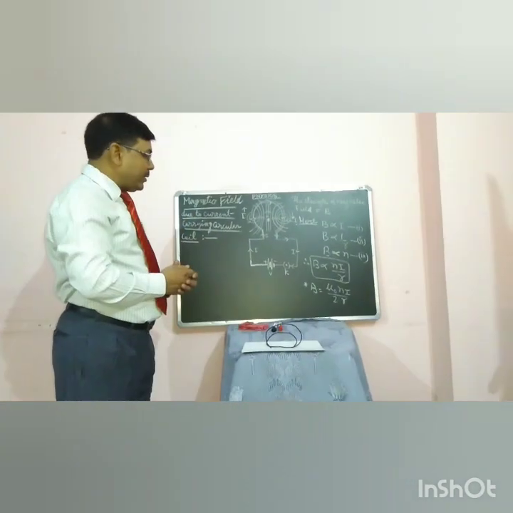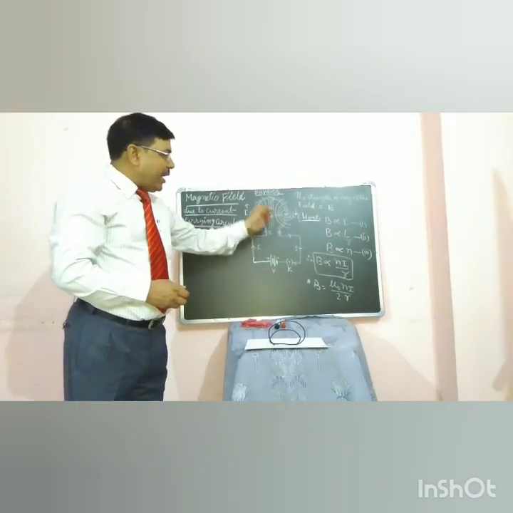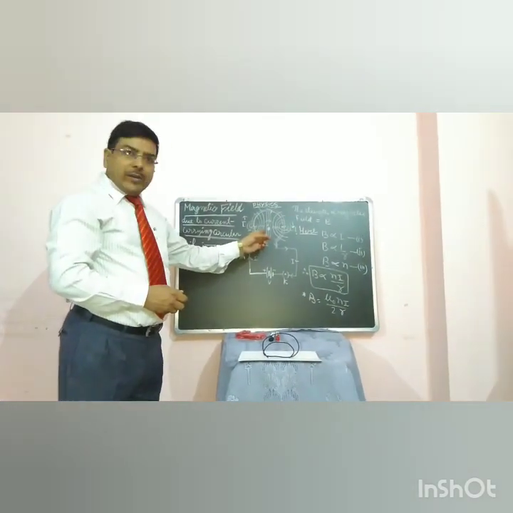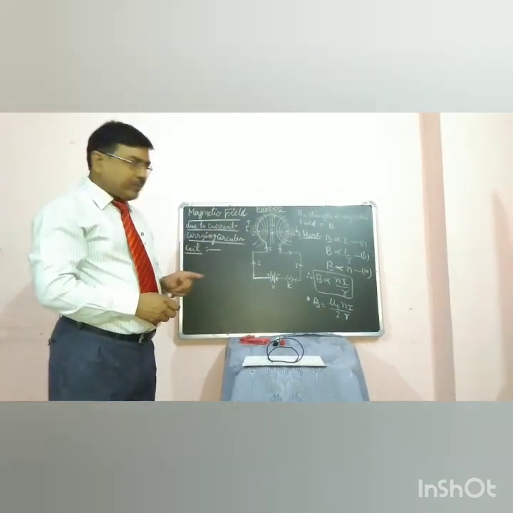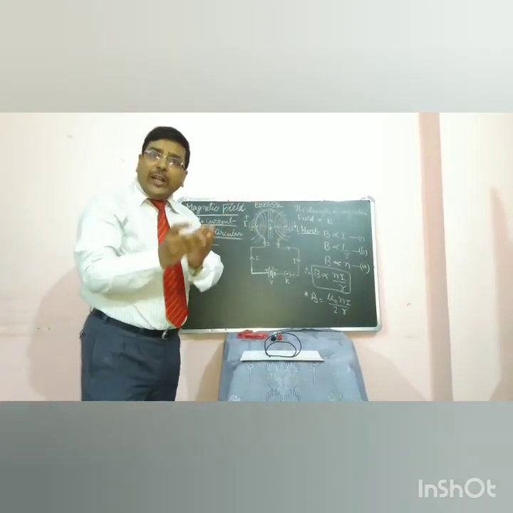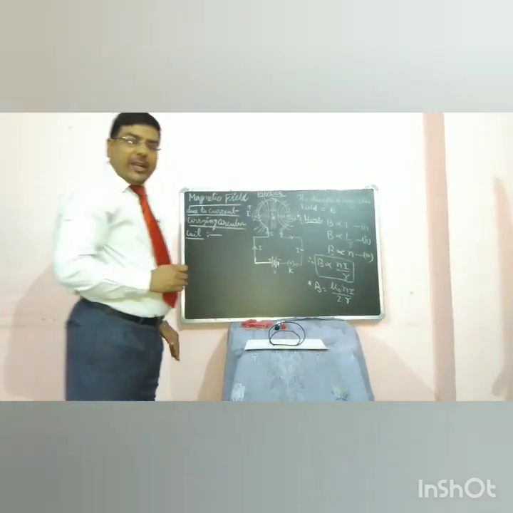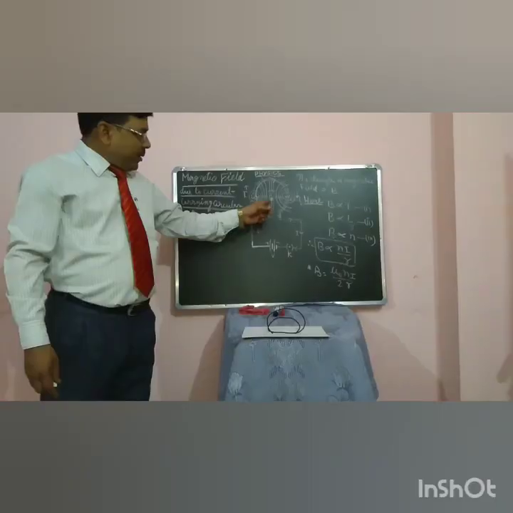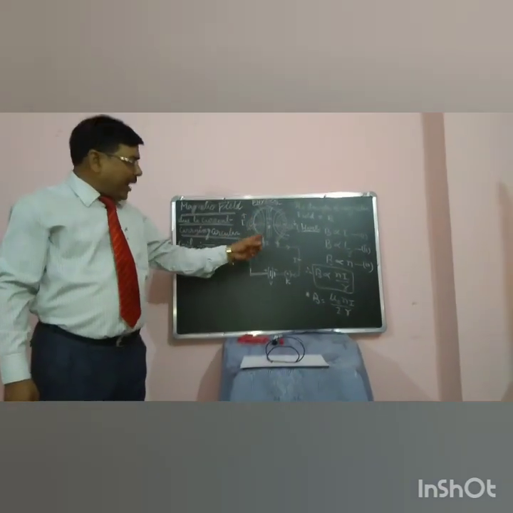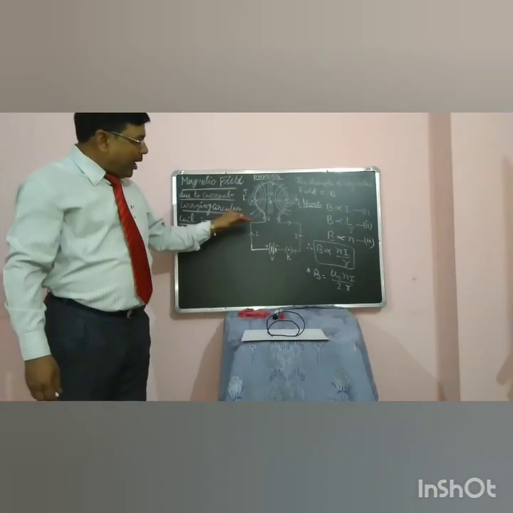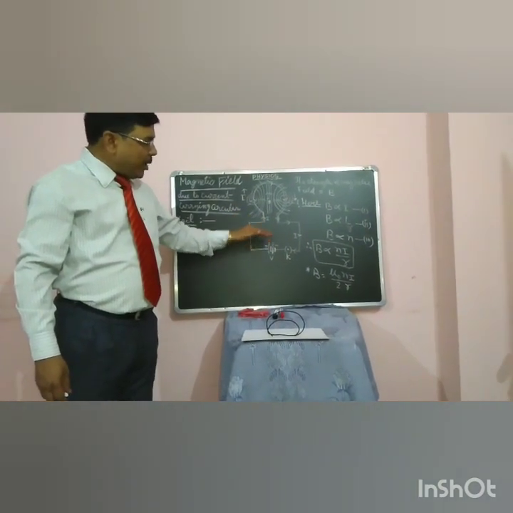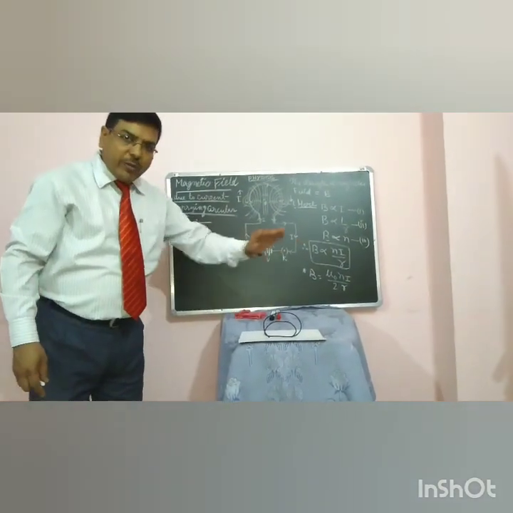This shows, students, that the magnetic field is uniform at the center of the circular coil. The circular coil is just kept perpendicular to the table surface.